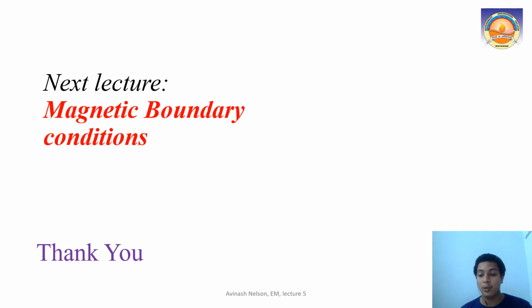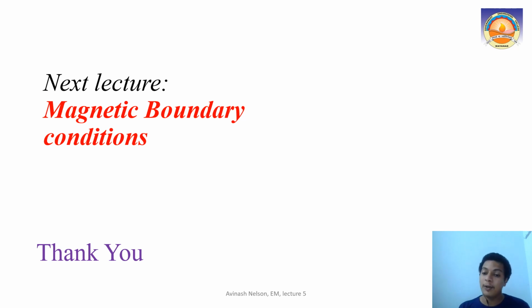It can be two dielectrics with different permittivities, which we discussed. There we have seen that the tangential component is continuous for the electric field intensity, and because of that your electric flux density tangential component is discontinuous because you have different permittivities.